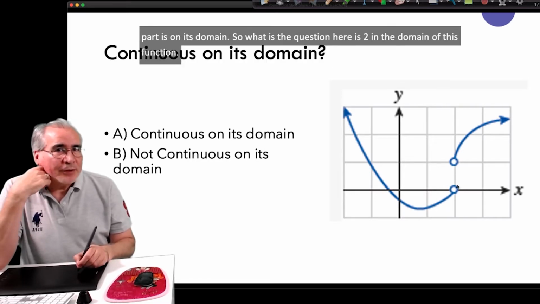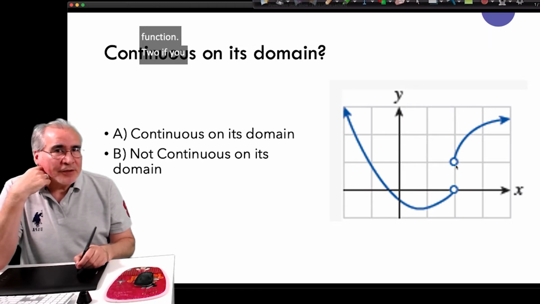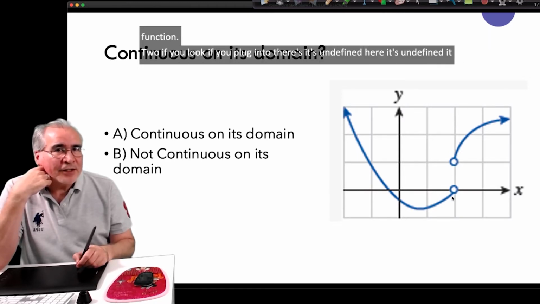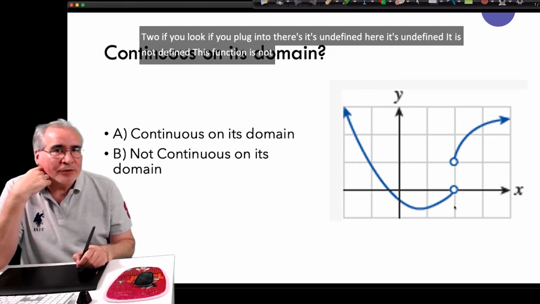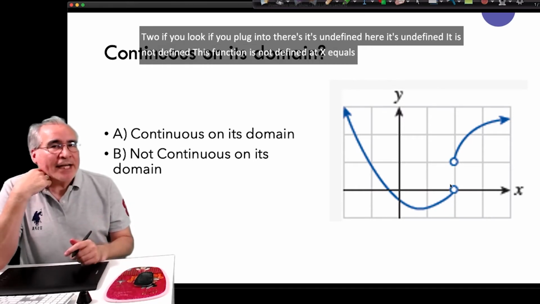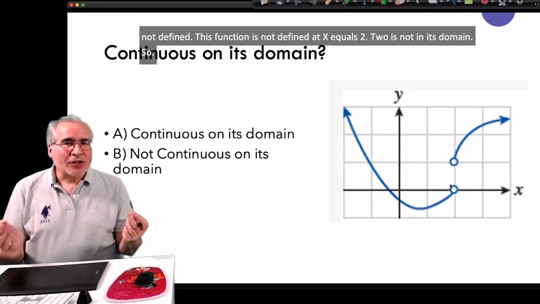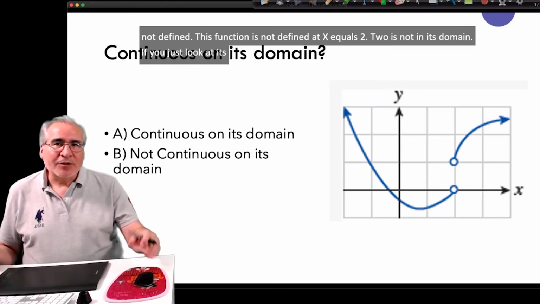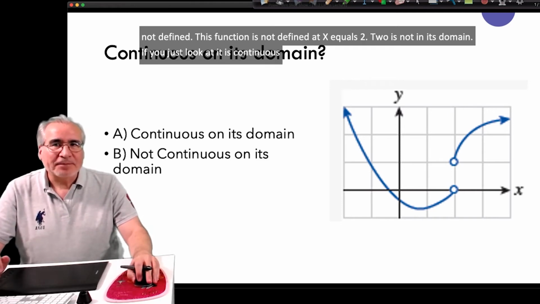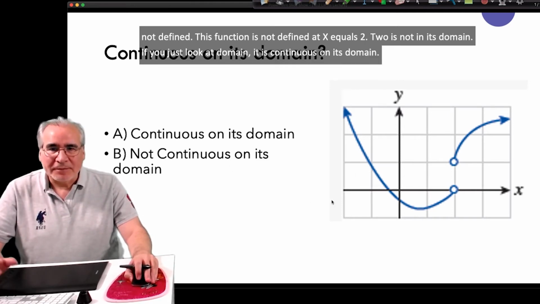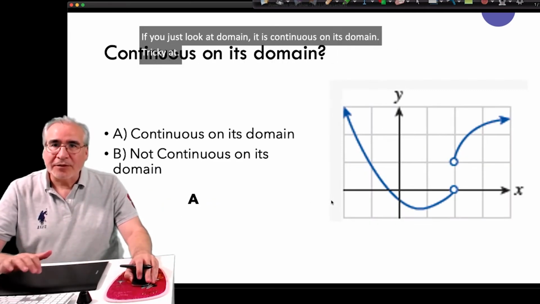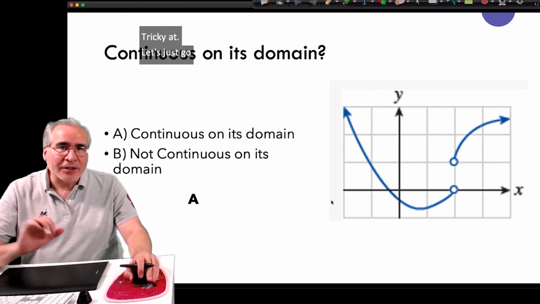Well, if you plug in 2, it's undefined. This function is not defined at x equals 2. 2 is not in its domain. So if you just look at its domain, it is continuous on its domain. A little tricky, but let's go back. A, right? It is continuous on its domain.